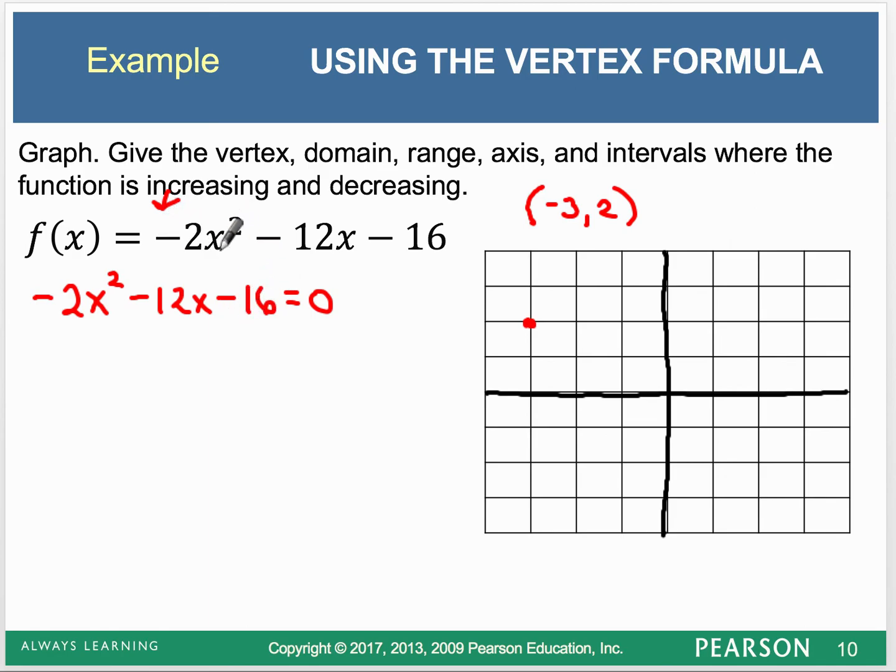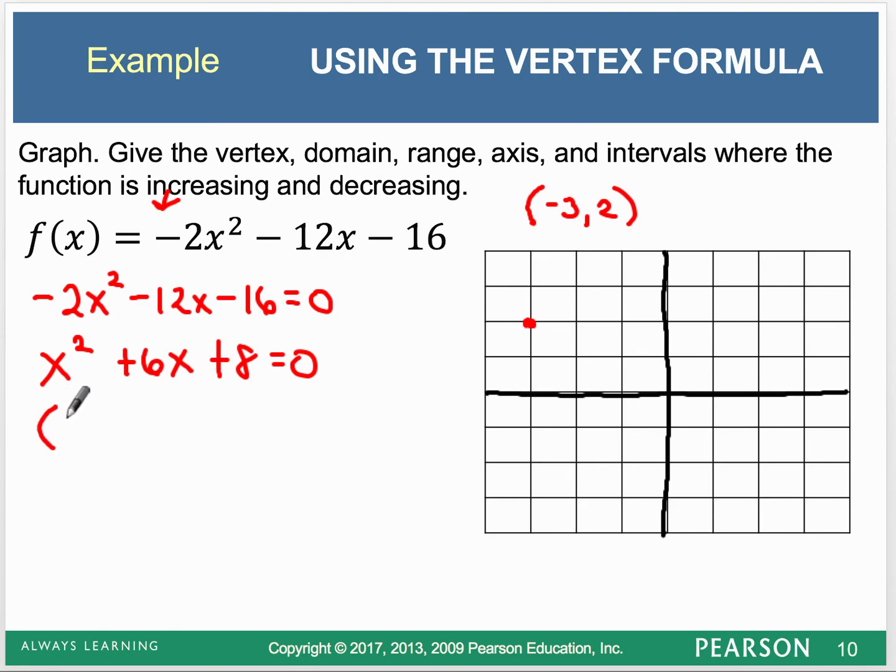By the way, I can't do that up here if I have a function, because that would mean dividing both sides by negative 2, and then I'd have y over negative 2, which isn't actually my function I'm trying to graph. So be careful about that. I can only do that when I have an equation. So that would give me, if I divide everything by negative 2, x squared plus 6x plus 8 equals 0.